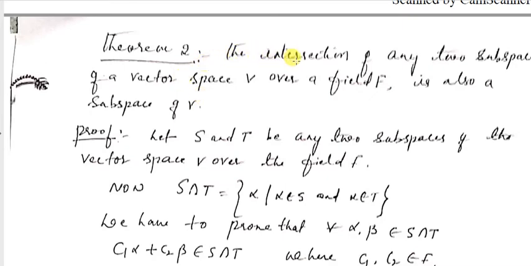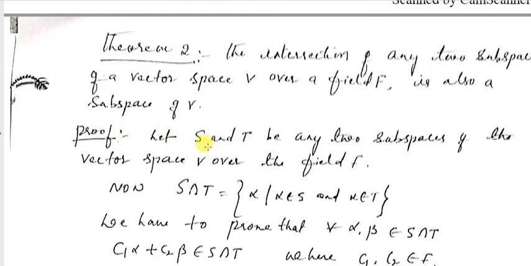The intersection of any two subspaces of a vector space V over a field F is also a subspace of V. So let us prove this theorem. That is, S intersection T is a subspace of V.